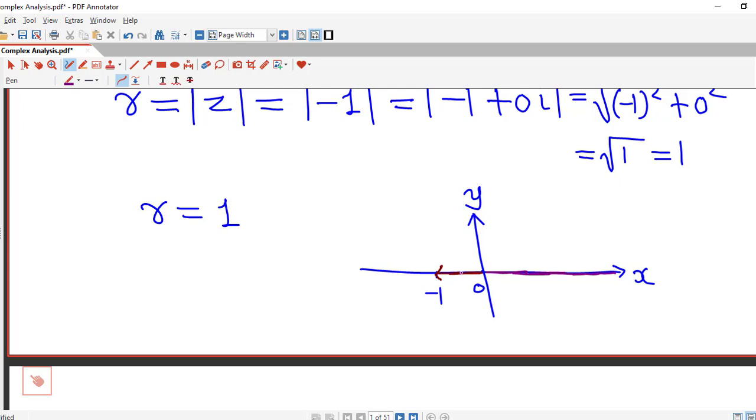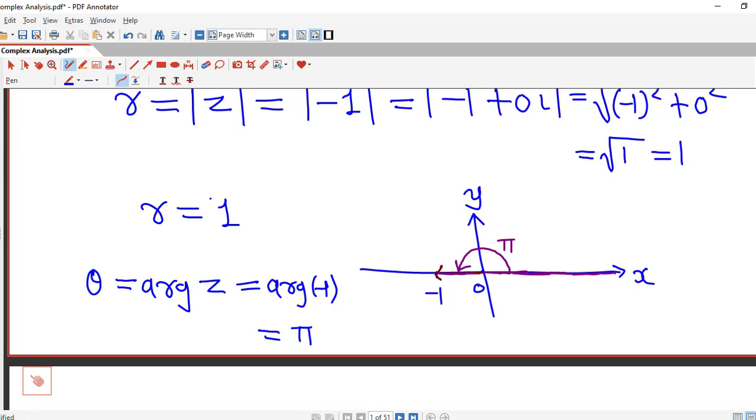If we measure angle between this vector representing -1 and positive x-axis, anti-clockwise, then this is the argument of complex number -1. So obviously this angle is pi, so one value of argument of -1 is nothing but pi.